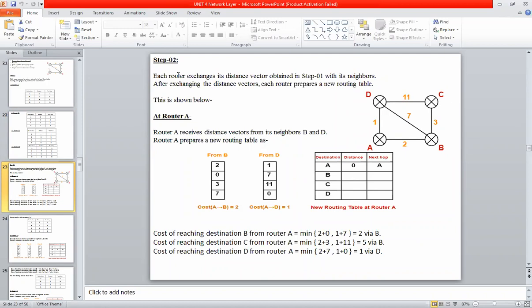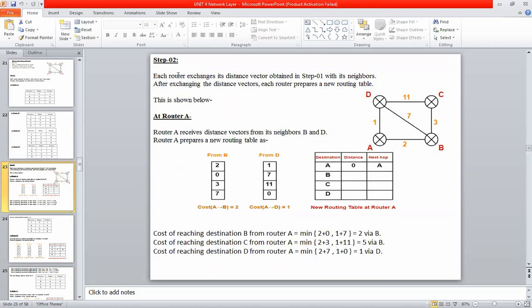Why are we moving to step 2? Because if you consider the path in step 1, it is taking the longest path. So you have to consider the weights, the cost, and the delay, and those delays, weights, and costs should be minimum.